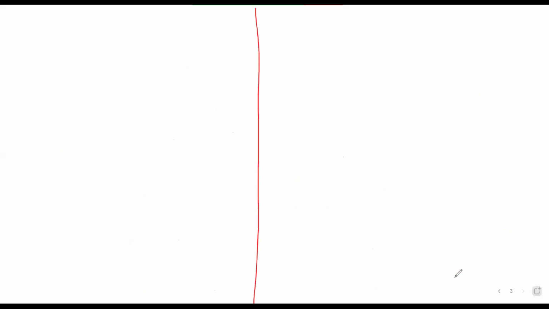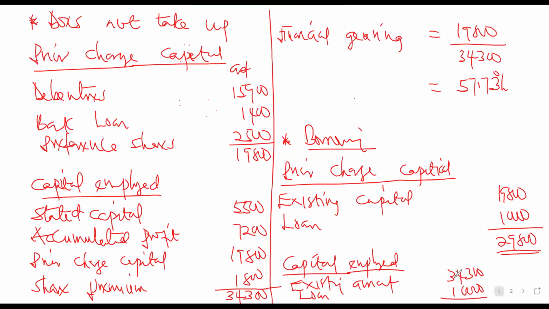Hello, sir. Yes, please. Can you go back to the previous slide? I want to ask a question there. We are calculating for the second option, where we are financing by borrowing. But I can see that we used the existing capital, which is 19,800.